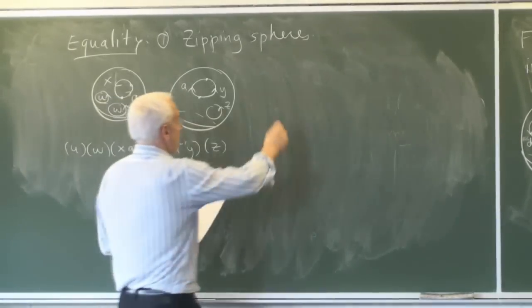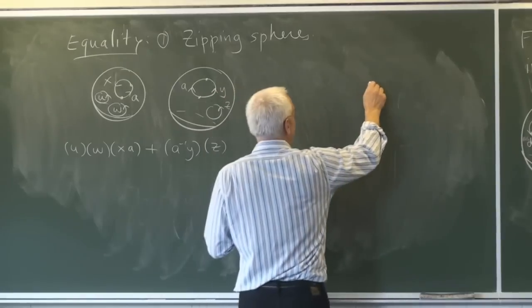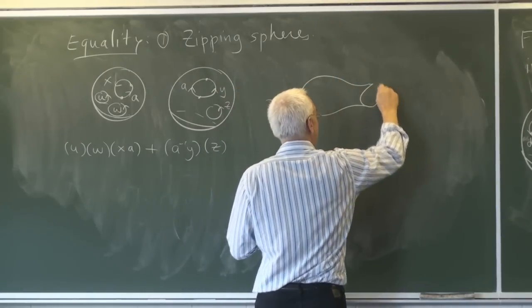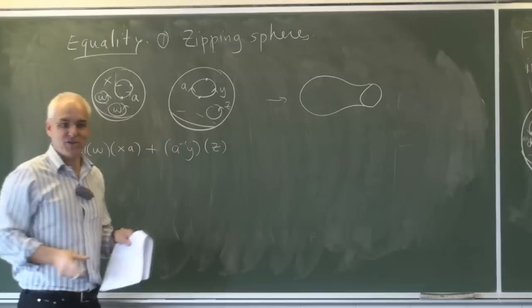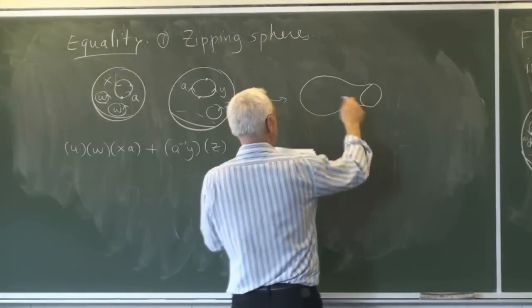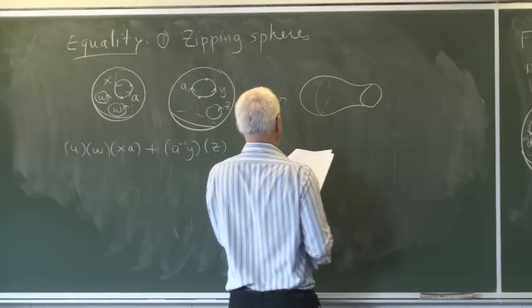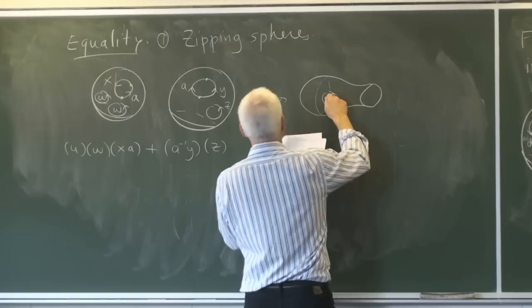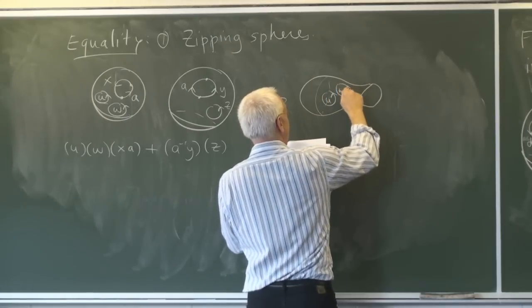Now what we should do is think about this as, let me just put these things on the side, and make them like tubes with the holes almost together. So there's our first sphere, and it still has its U hole and its W hole somewhere.